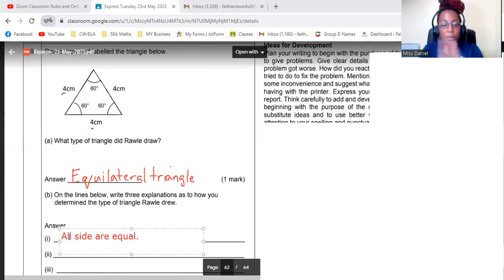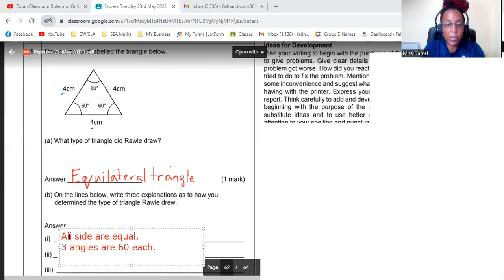Second point, 3 angles are 60 degrees each. I'll put the degree sign at the end. And the third, there are 3 lines of symmetry.